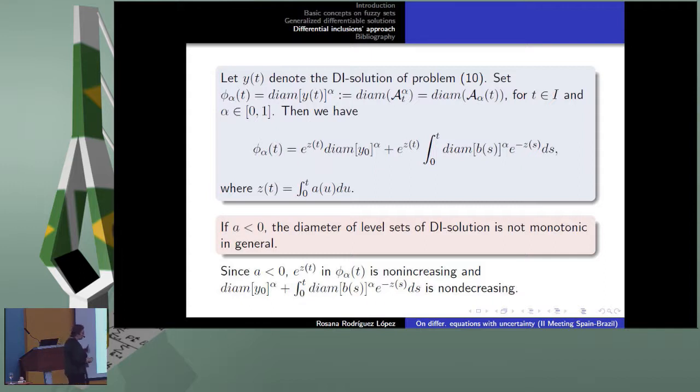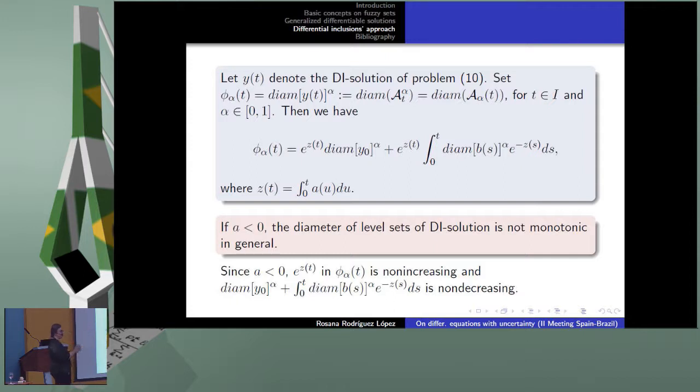And one of the questions that arises is, are the switching points always at the critical points of the diameter function? Because those are the points where the monotonicity changes. It is not equivalent. That is not true. The critical point of the diameter in the differential inclusions may happen before the switching point or after the switching point.